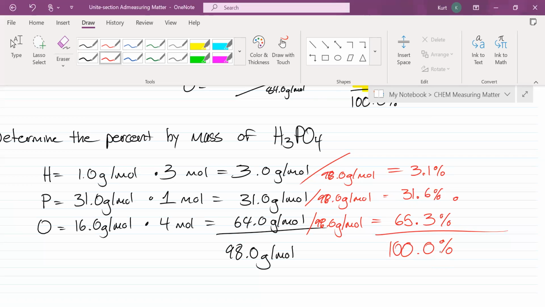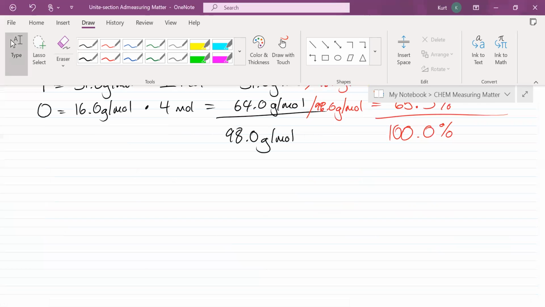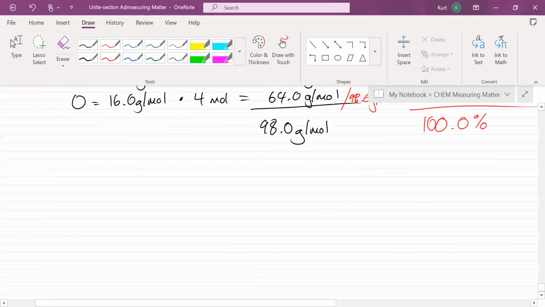Okay. Let's get to the last lesson for today. We have 20 minutes left in class. How to calculate empirical formulas.